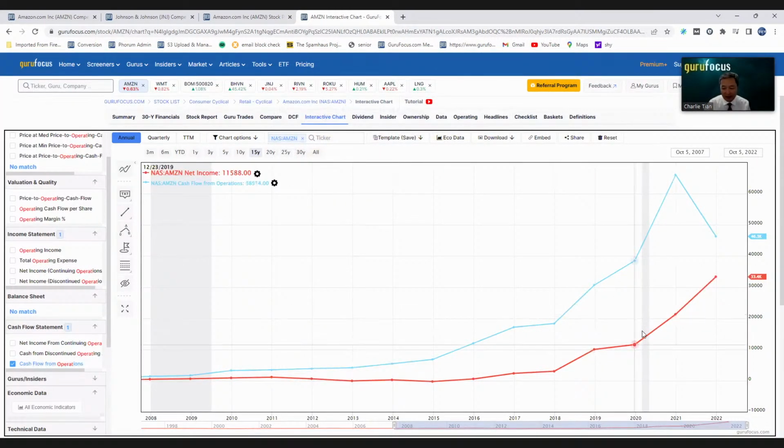The red line here is net income, and you can see historically for a long time it was close to zero, and in this way Amazon doesn't have to pay tax. But if you look at the free cash flow, the cash flow from operations, it's much higher. The reason is that Amazon spent lots of money on capital expenditure, and in this way, they avoid taxes.